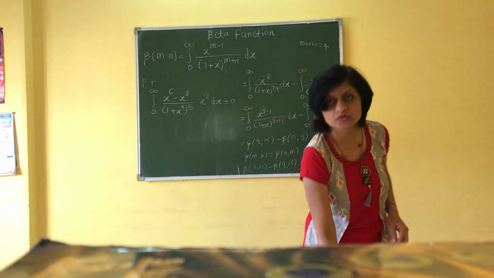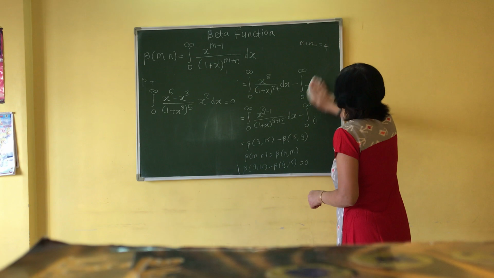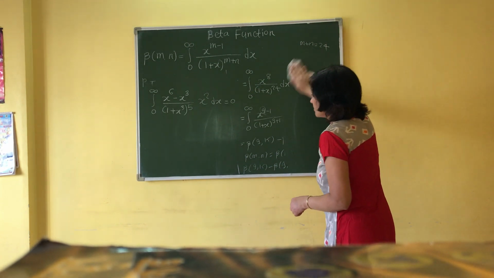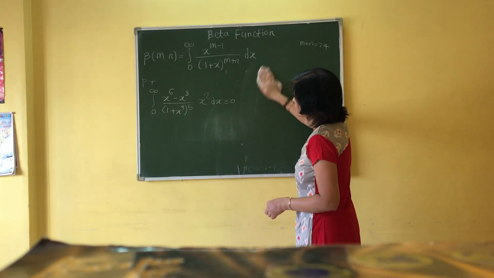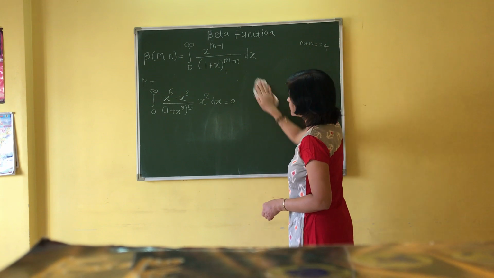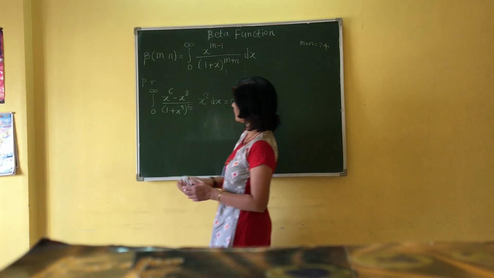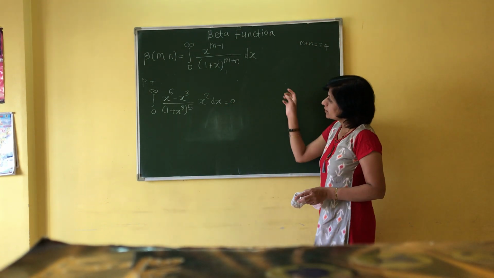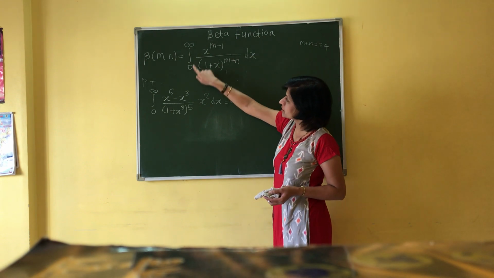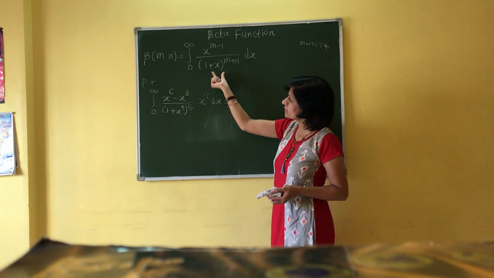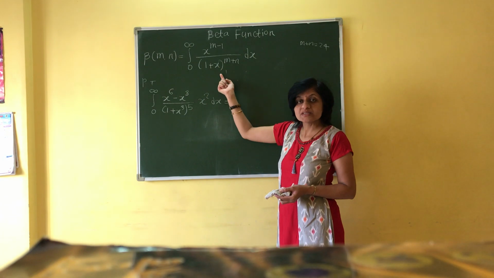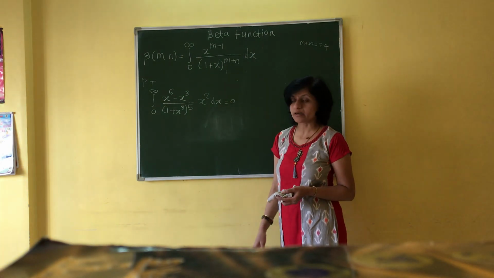Here range is 0 to infinity. Integrating variable is x, base is 1 plus x cube raised to 5. Okay. But the property of beta function is 0 to infinity x raised to n minus 1. Here the base is 1 plus x, the power of x is 1.